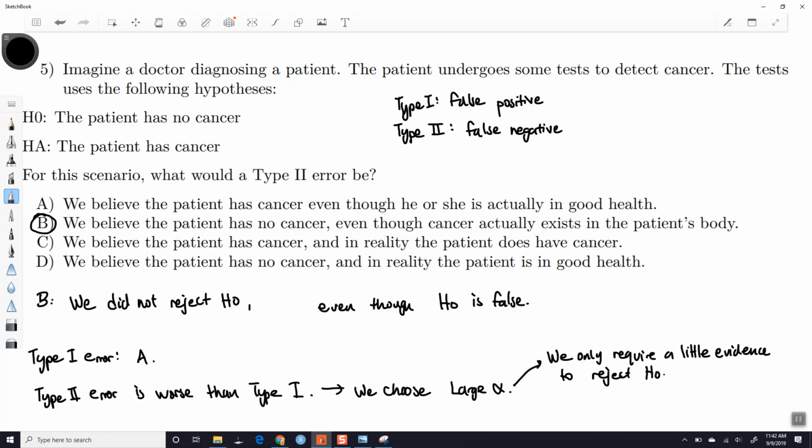And WebMD says it is worse to tell someone who's sick that they're healthy than it is to send a healthy person to the doctor, okay? And so WebMD operates with a very large alpha and basically says, all right, any symptoms, you better go see a doctor, okay? You might be dying, all right? You better go see a doctor.